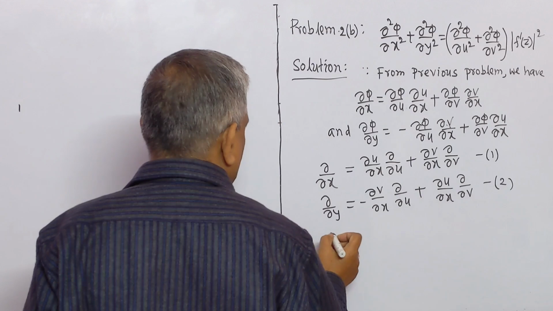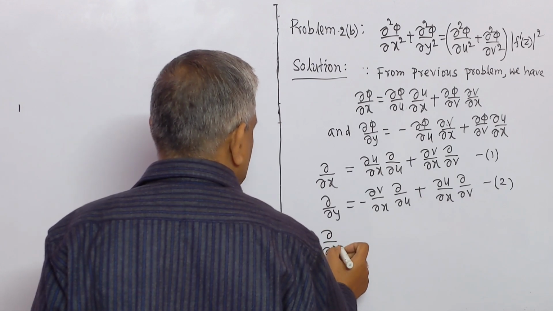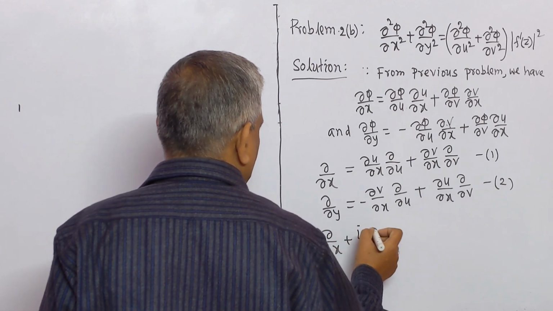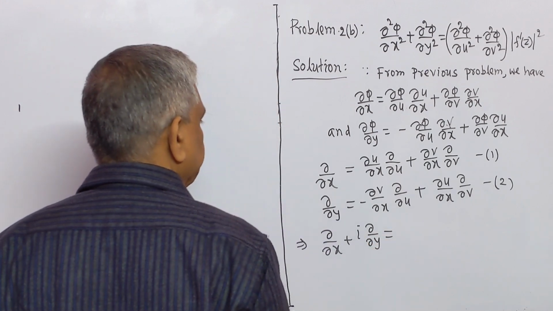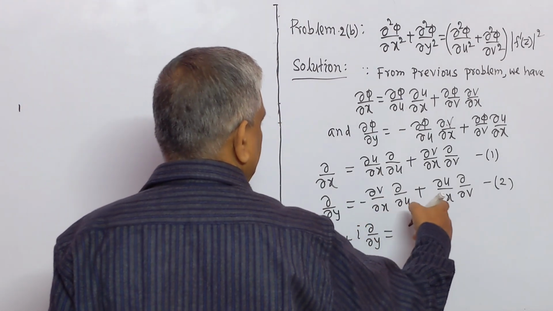Implies that del by del x plus i del by del y, we multiply second by i.